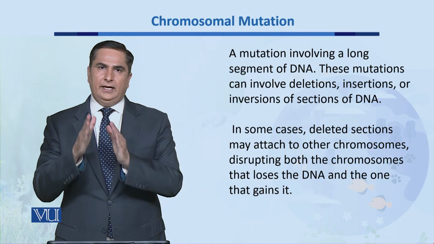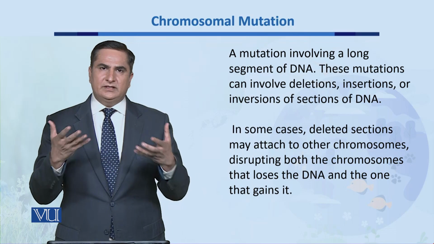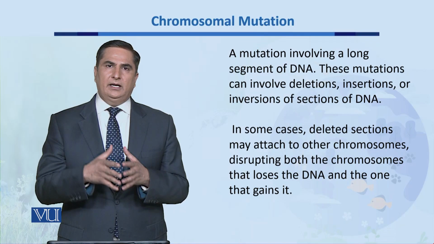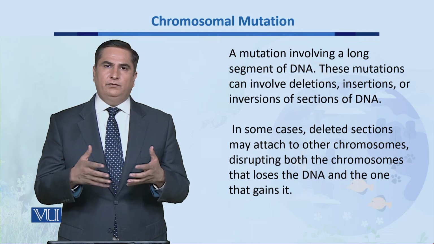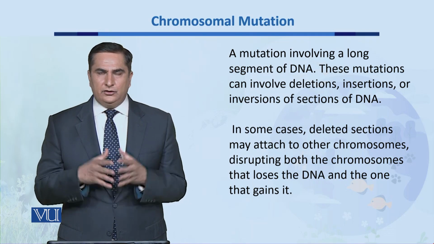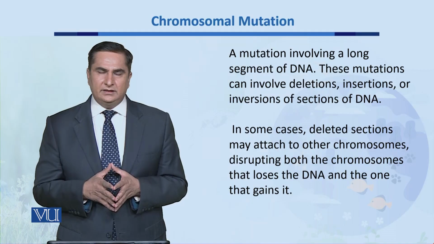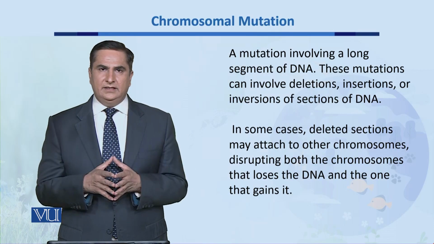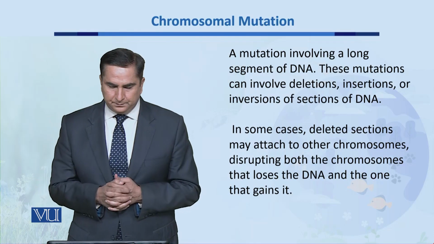This section of DNA can be inverted, so the sequence is changed, and this change of sequence ultimately results in a change of the nucleotides and a change in the structure of the proteins, which is very dangerous, and in many genetic diseases it is very evident.